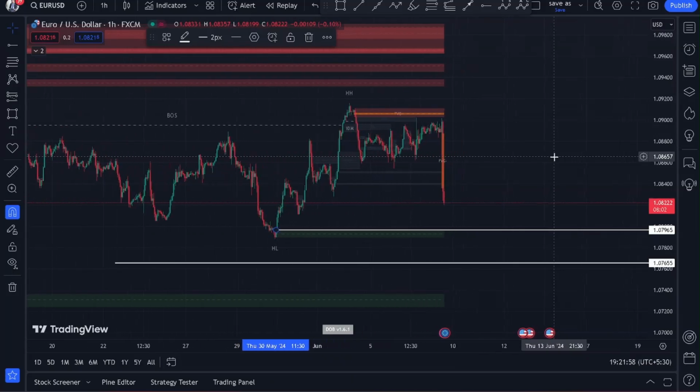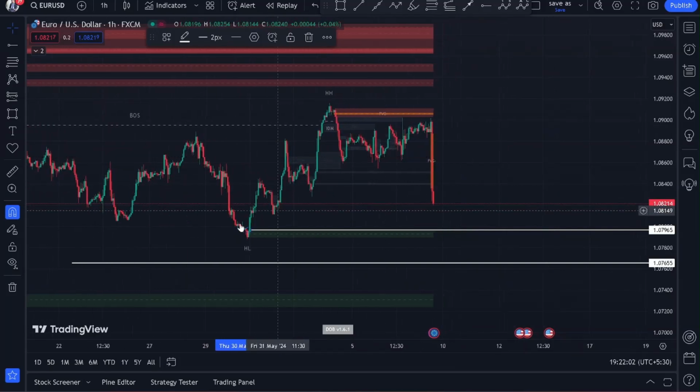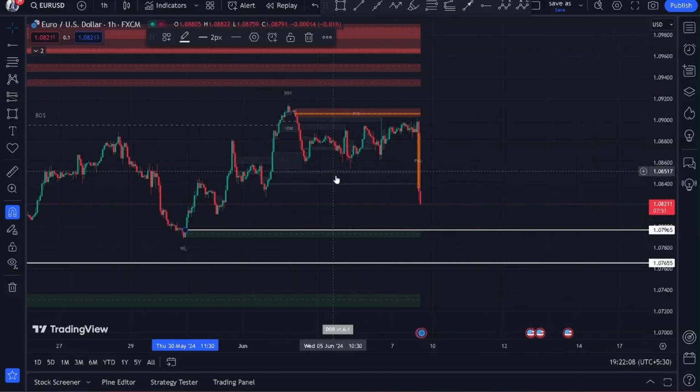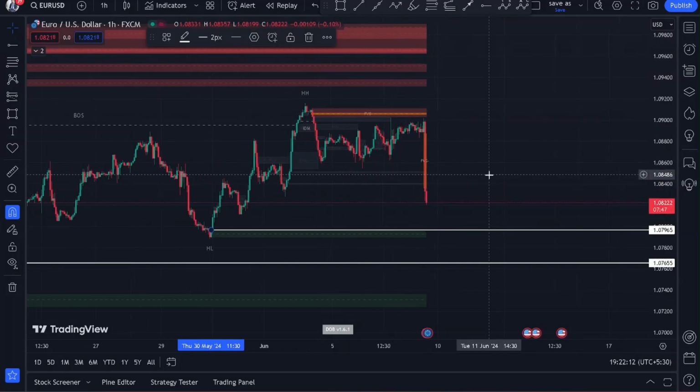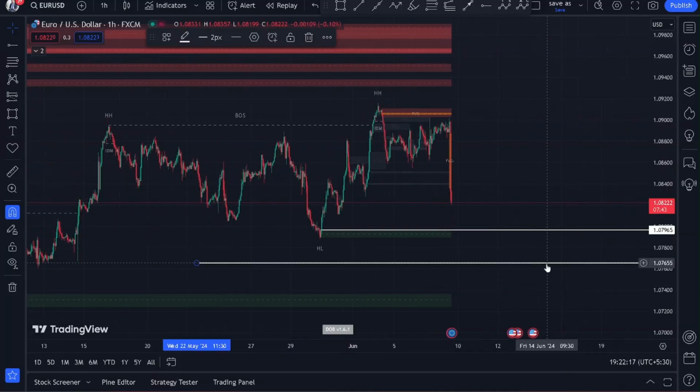But the thing concerning me about entering at this order block is the way the price has broken these fair values, which is showing the bearish pressure. So it is better that we wait at the 0.7 level.